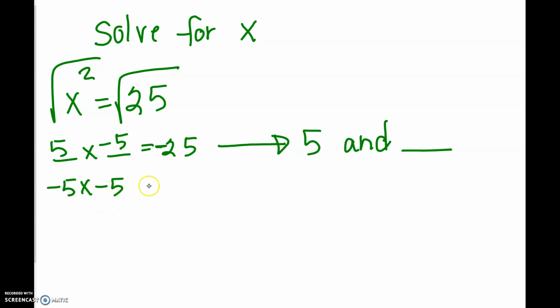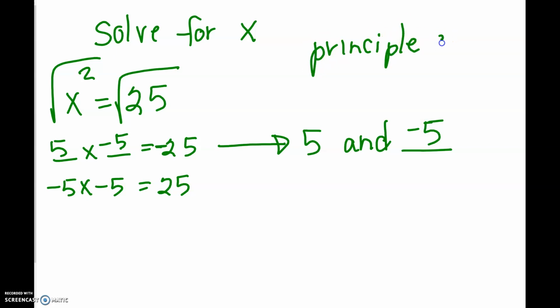Negative 5 times negative 5 gives us a positive 25. So the two roots of 25 are 5 and negative 5. A lot of times we only use the principal square root, and the principal square root is the positive root.